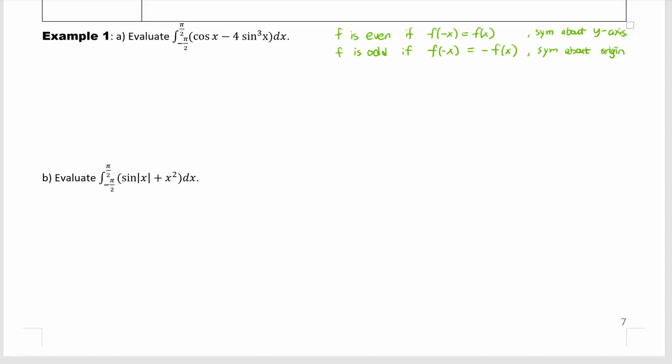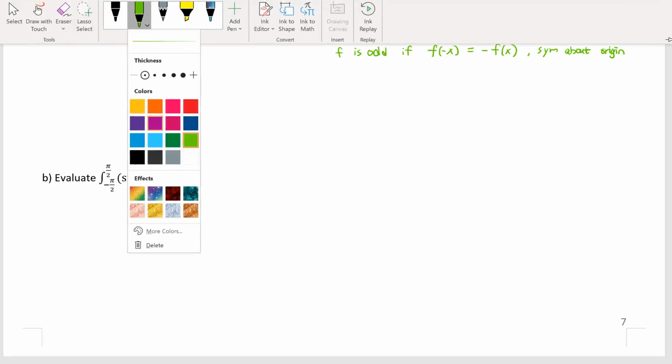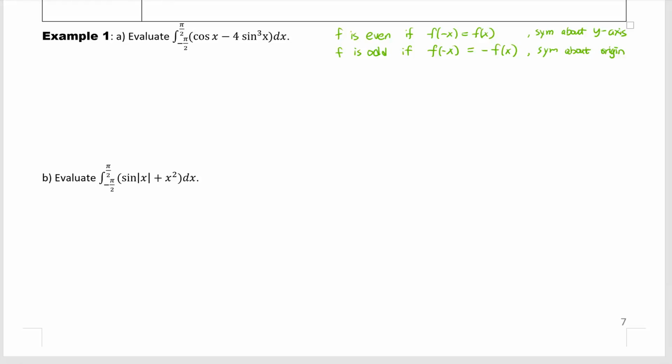Okay, so we can split it. We have the integral from minus pi over 2 to pi over 2 of cosine x, minus, we can move the 4 outside, right? So 4 times the integral from minus pi over 2 to pi over 2 of sine x cubed dx.